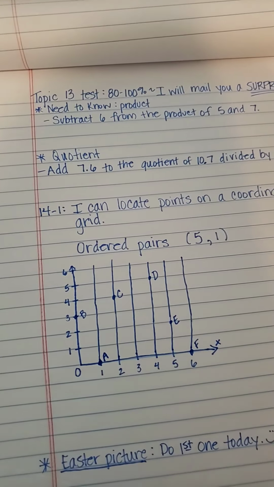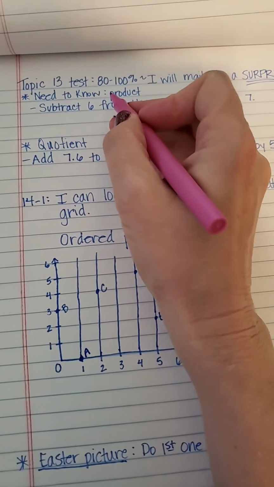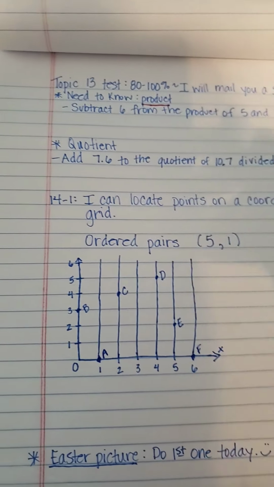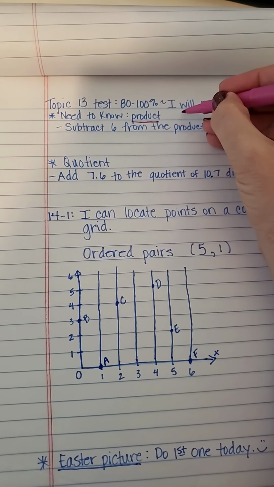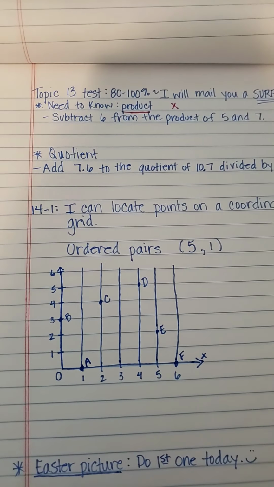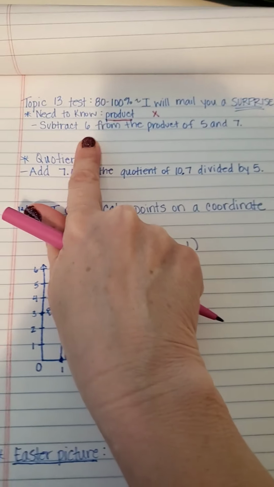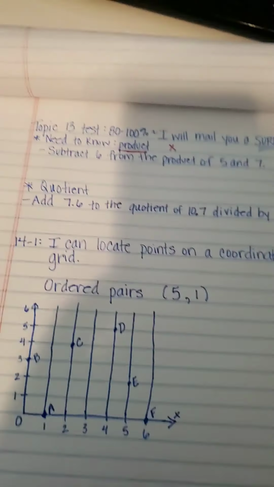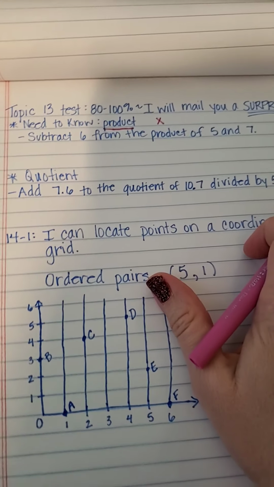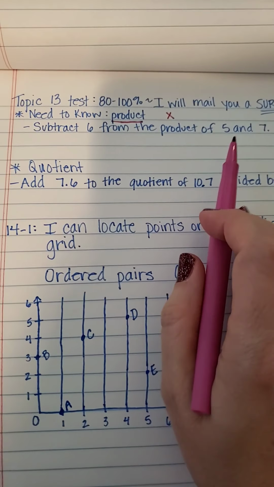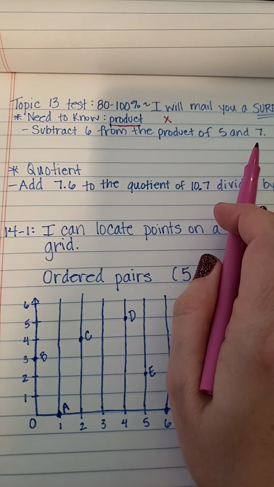You need to know what a product is, which I know that you do, but this is just a reminder. To find the product of something, you would multiply. So, for example, if you had to write this out: subtract 6 from the product of 5 and 7.